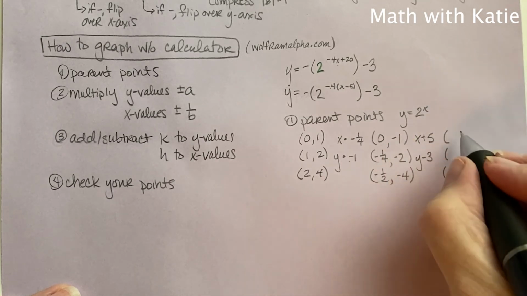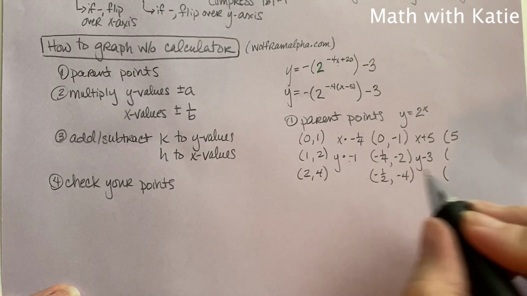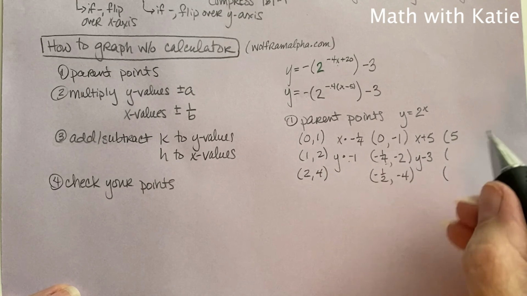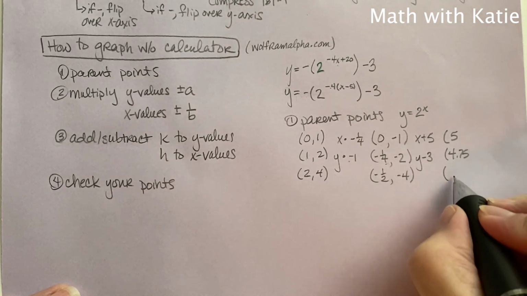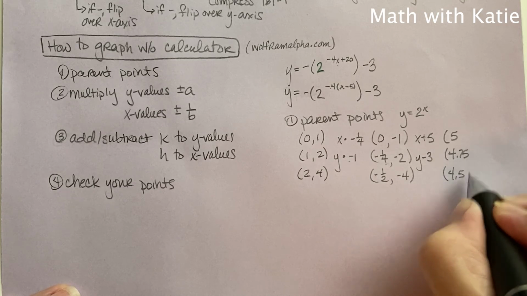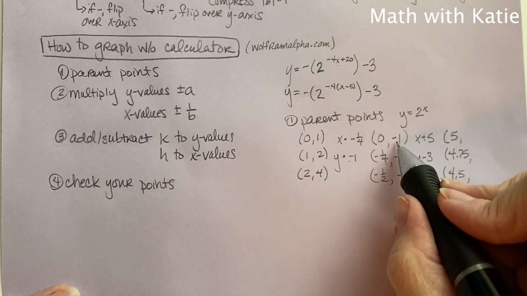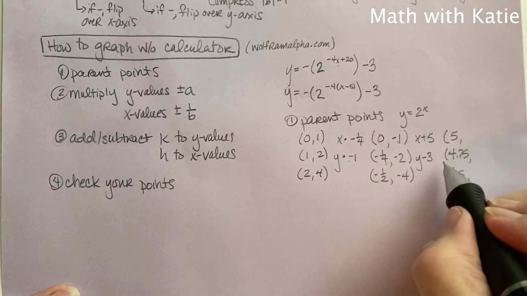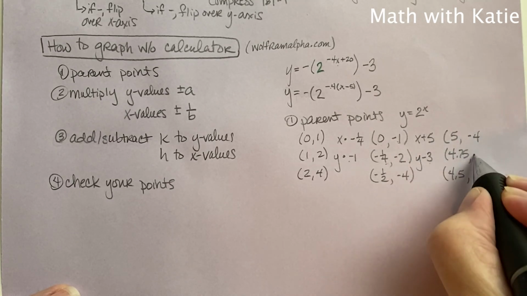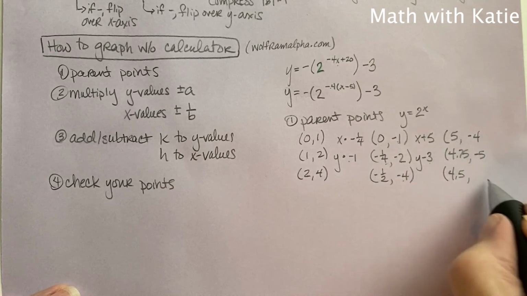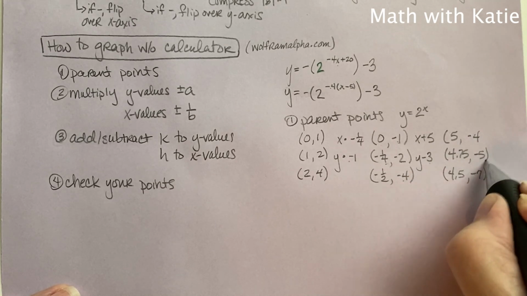So 0 plus 5 would be 5. Negative 1/4 plus 5, 4.75. And negative 1/2 plus 5, 4.5. And now our y values: negative 1 minus 3, negative 4. Negative 2 minus 3, negative 5. Negative 4 minus 3, negative 7.